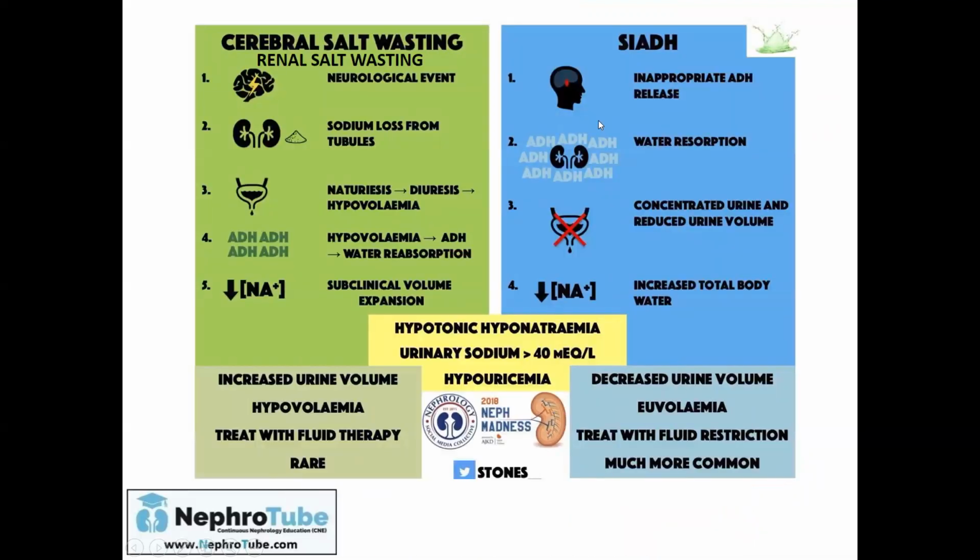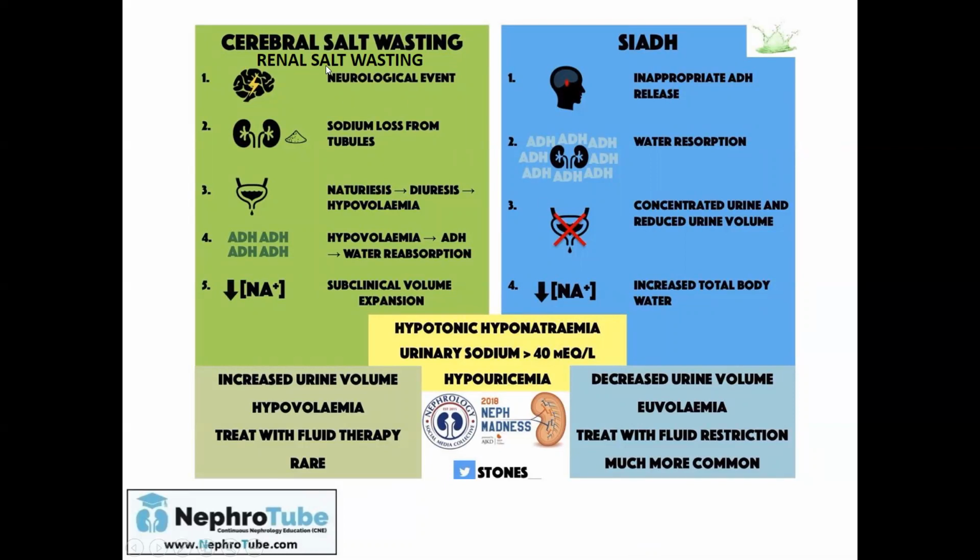Let's go rapidly again through the difference in the pathogenesis of the two categories, SIADH syndrome and cerebral salt wasting, which is the same as renal salt wasting. In SIADH syndrome, we know that this is an inappropriate ADH release. ADH will cause severe water reabsorption, and here the urine will be concentrated and reduced in volume, and the water reabsorption will cause hyponatremia, and there is increased total body water.